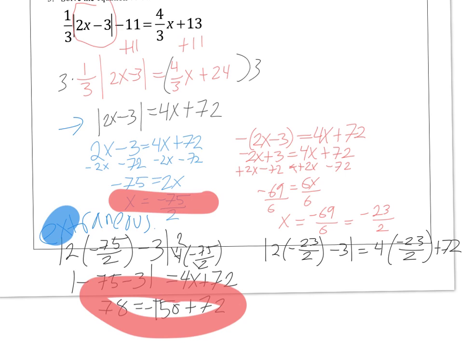I end up with negative 26 because those cancel out. Negative 23 minus 3 is negative 26. Absolute value makes it positive 26, which is equal to 4 times this fractiony thing, so that cancels, leaving me with 2. Negative 46 plus 72 is going to be 26. This is an okay solution. This is not extraneous.